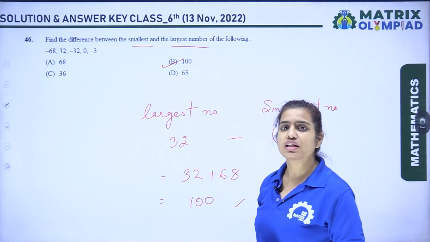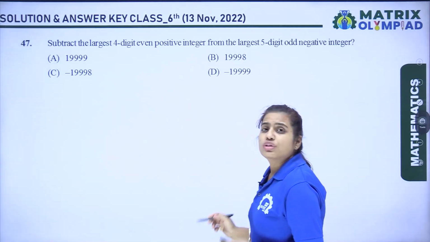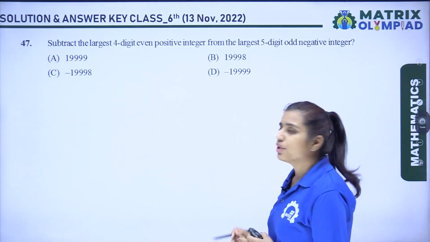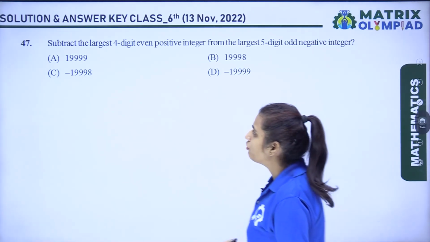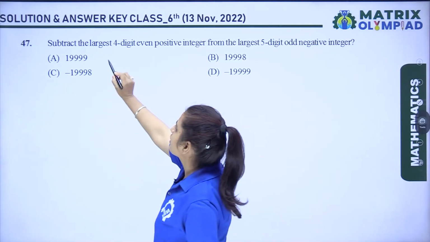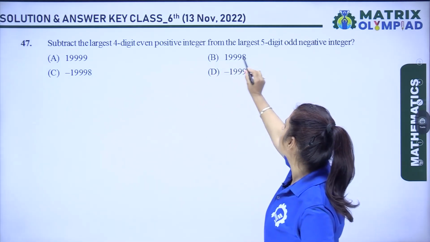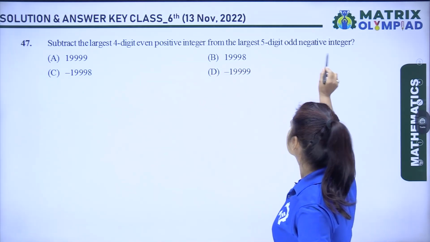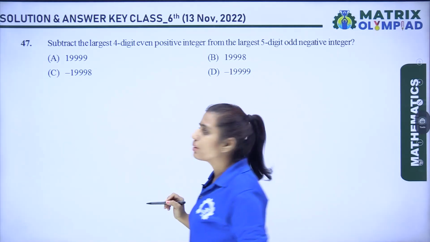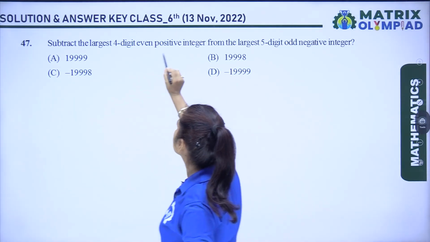Now, let's begin with the next question. Now, the next question is question number 47. Question number 47 is subtract the largest 4-digit even positive integer from the largest 5-digit odd negative integer. Now, we have to find the largest 4-digit even positive integer.